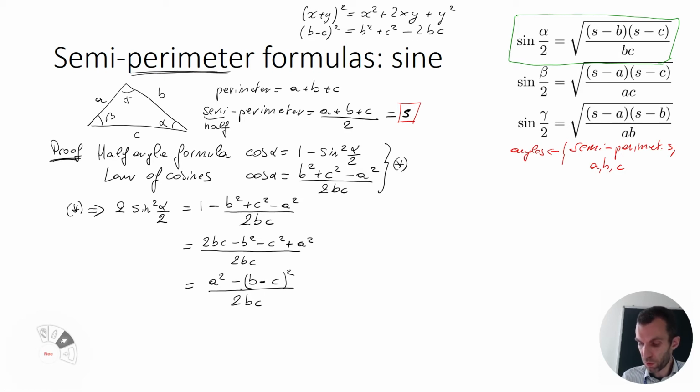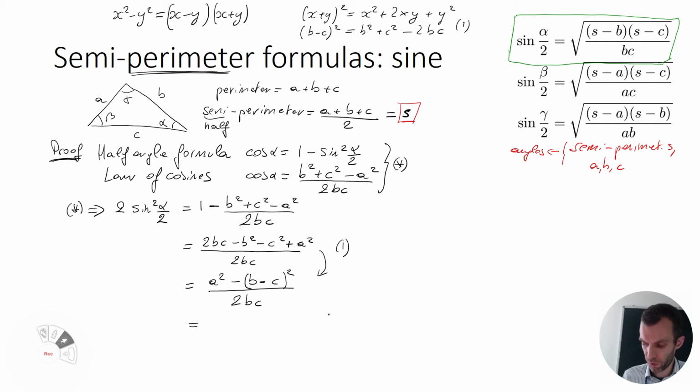And now I can use another formula from basic algebra. You also know that x squared minus y squared is equal to x minus y times x plus y. I'm putting them on top of the slides because it's an easy way to get some space. So this is formula 1, and I use that here.